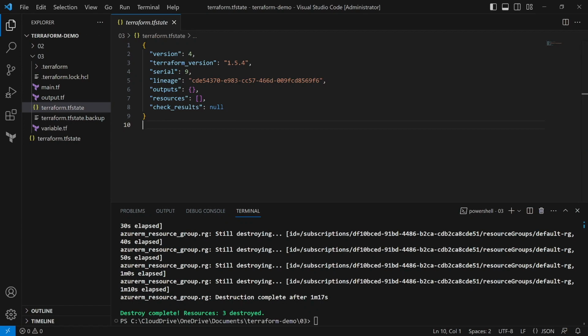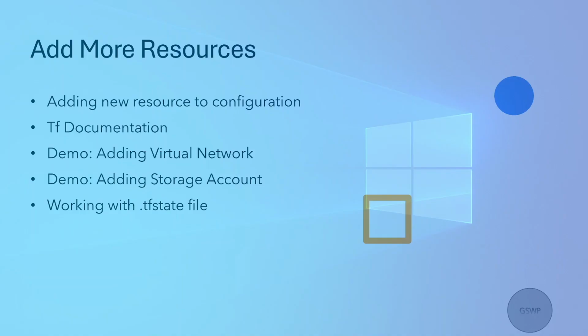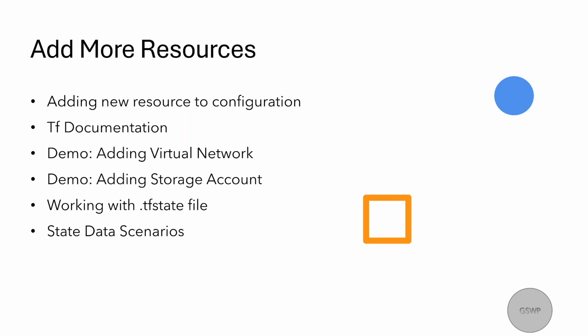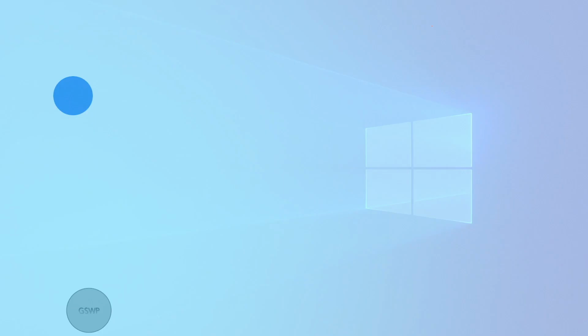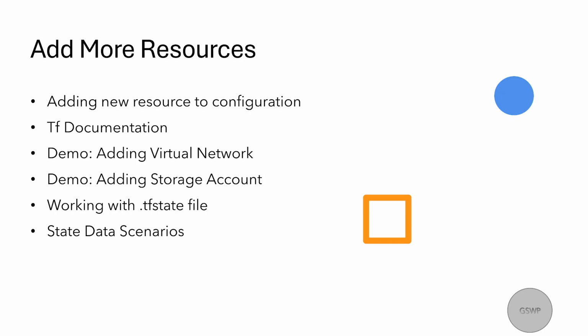Let's get back to the presentation again. State data scenarios. So what are state data scenarios? In the state data scenarios, you have your Terraform code, so it is the TF code.